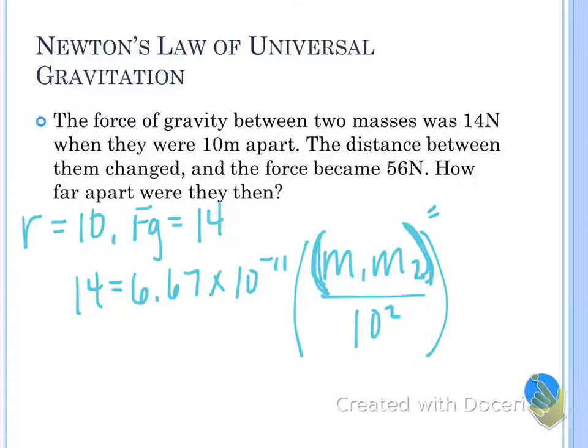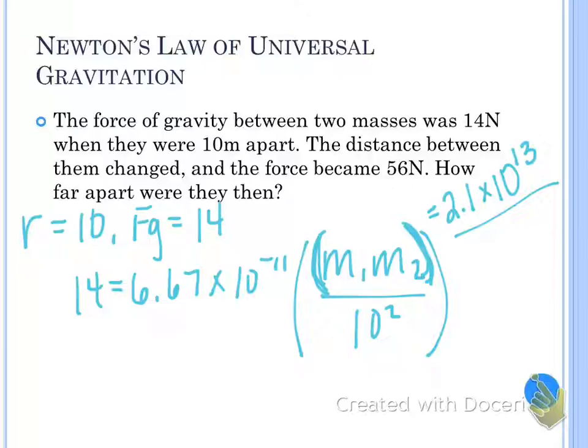Yes. So the product of mass 1 times mass 2 is equal to what? 2.1 times 10 to the 13th. So this is M1 times M2. That product is not going to change between the first situation and the second situation. Are we on the same page there?